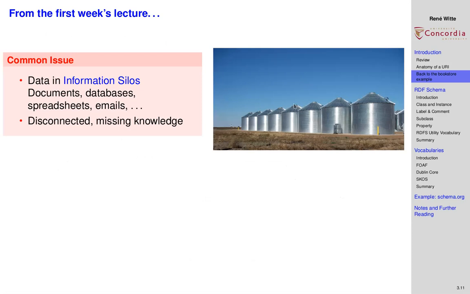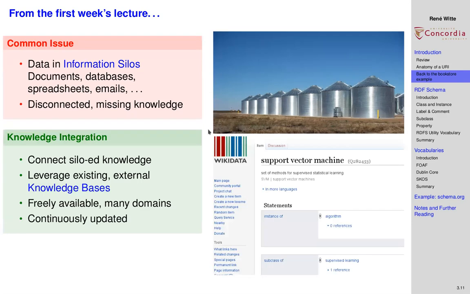You have a database here, spreadsheets there, then you have email, then you have a development system, a bug ticket system, and you have source code repositories and what have you. So you have lots and lots of information, but they're all disconnected. And one of the things that you can do with the knowledge graph technology is to integrate these different knowledge sources.